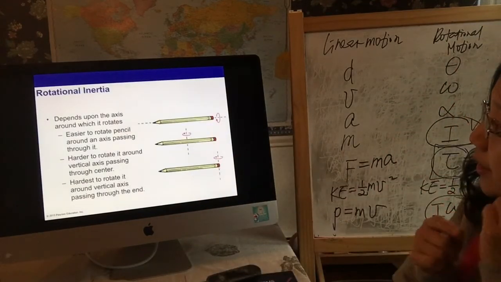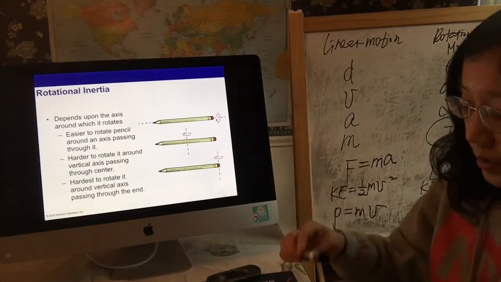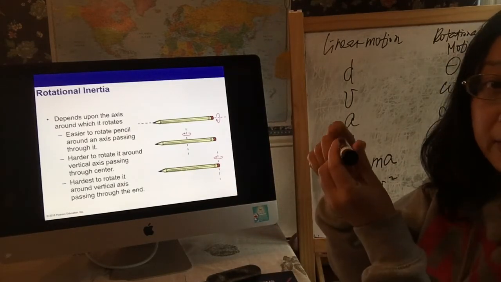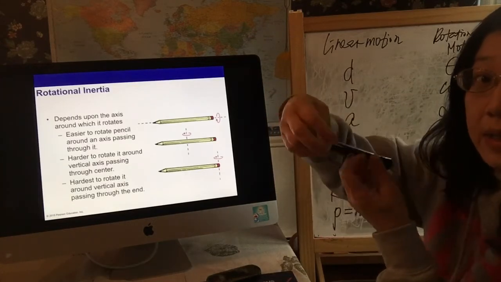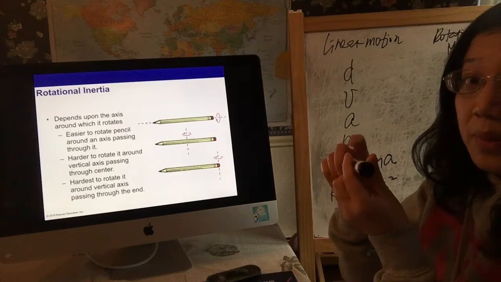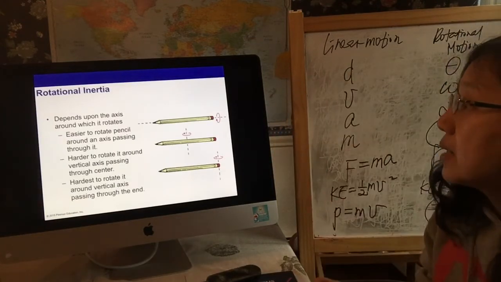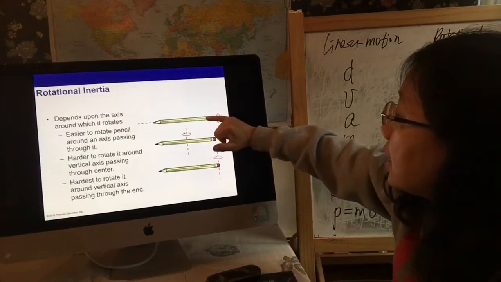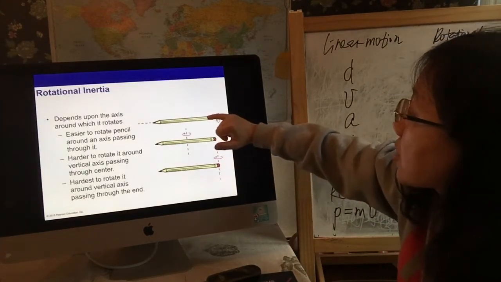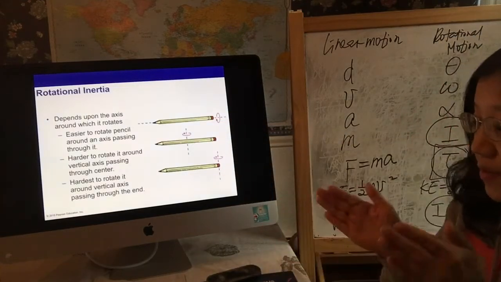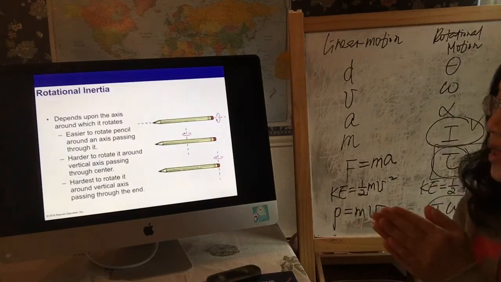Similarly, over here, you have pencils like this. Like this marker here, if you compare rotating it like this, or like this, this is much easier to rotate than this one. Why is that? You can see for this case, this is the axis of rotation. The mass is very close to the axis of rotation, so the rotational inertia is smaller.